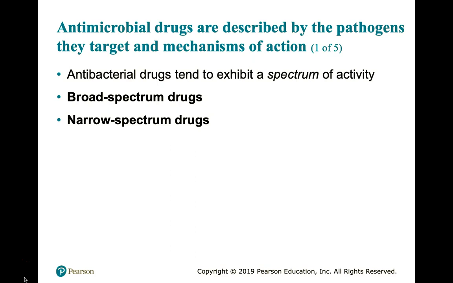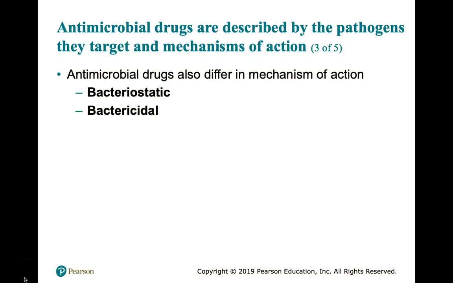Where narrow spectrum have a very specific target that, if the cell doesn't have that target, then it's going to survive. So you use narrow spectrum in very specific cases and with certain pathogens. You don't want to just blanket cover them with a narrow spectrum antibiotic. You want to use more of a broad spectrum antibiotic.